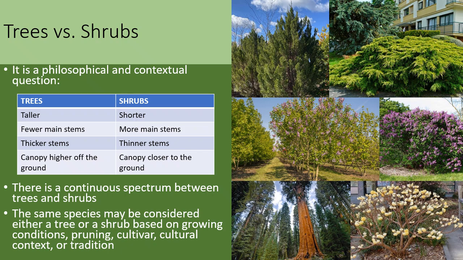If we look at the top two images on this slide, we've got two different cultivars of Chinese juniper, Juniperus chinensis. We've got on the left-hand side this tree-like cultivar called Spartan, and on the right we've got this shrub-like cultivar called Old Gold.